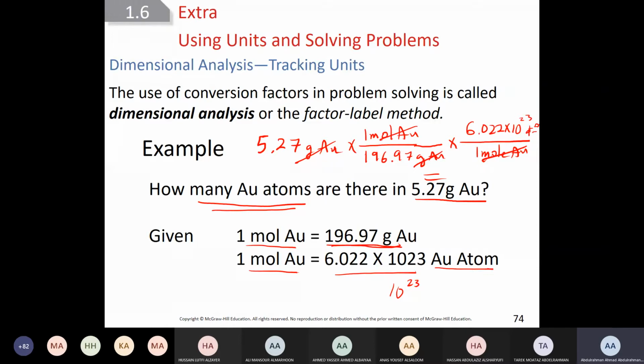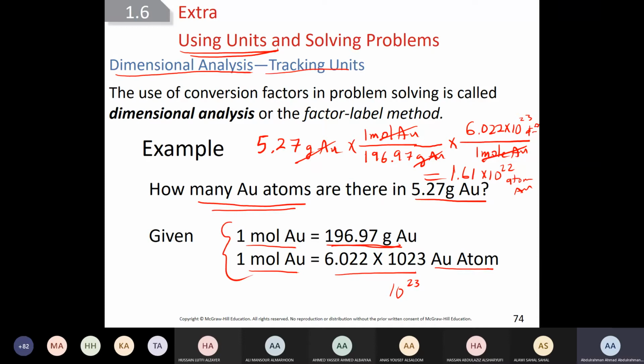Use your calculator and give me the answer. 1.61 times 10 to the power 22 atoms Au. See, we are using conversion factors, the dimensional analysis method, to solve a problem.